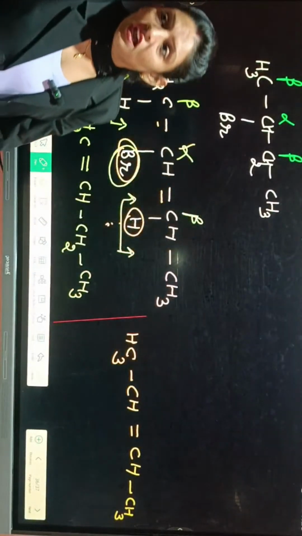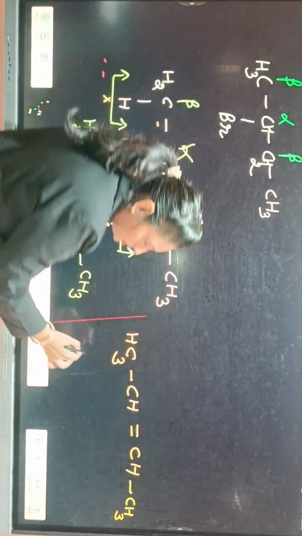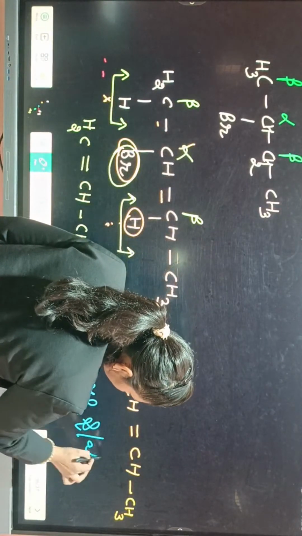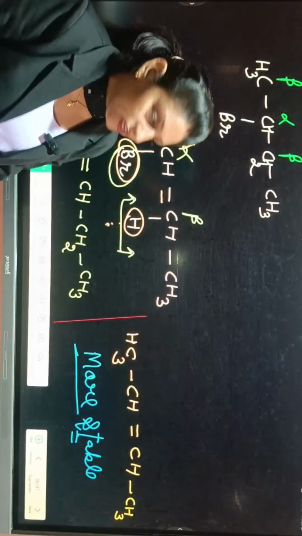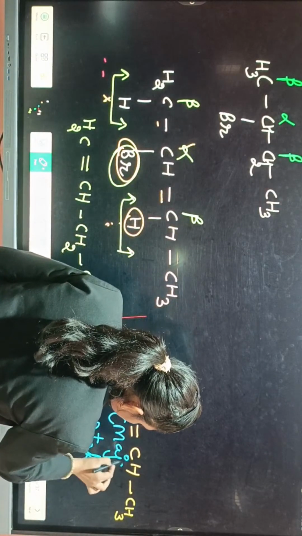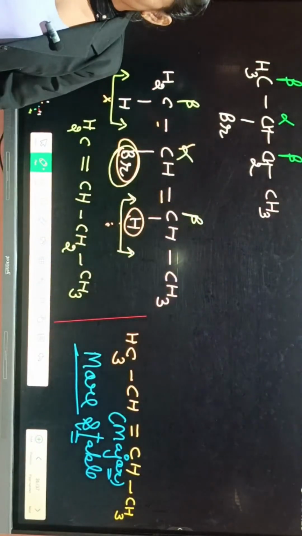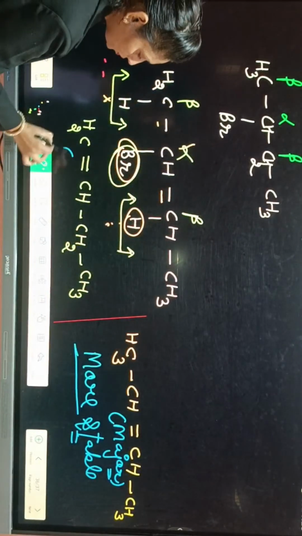But students, here this one is the more stable product. We can say this one is the major product. In organic chemistry, we discuss major and minor products. This one is the major product and this one is the minor product.